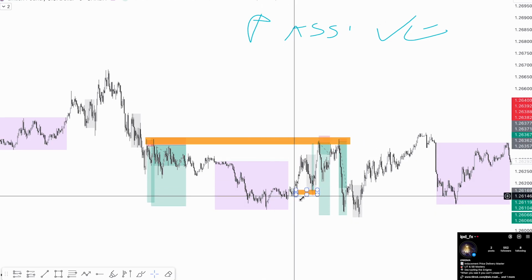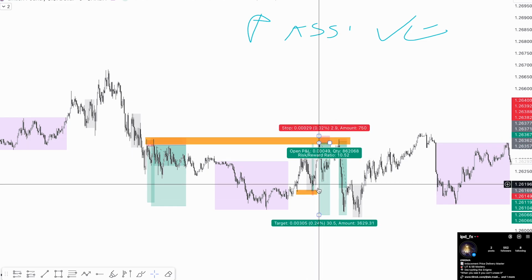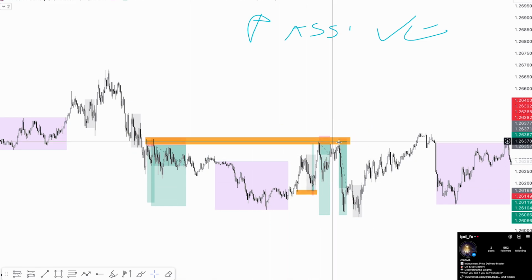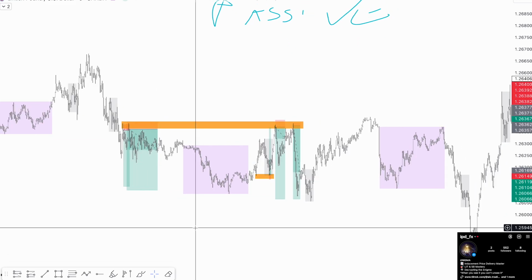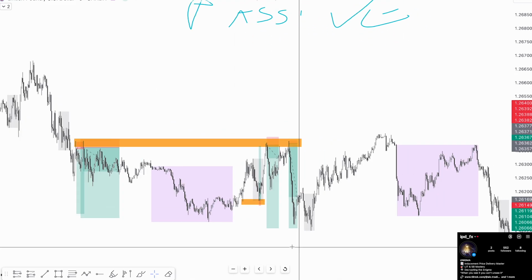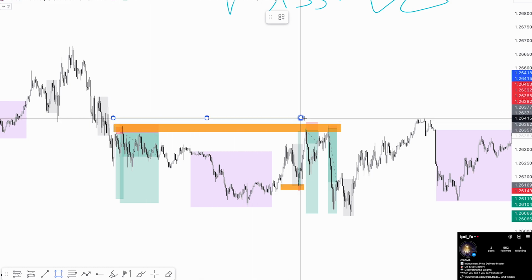So you have people entering long here, people entering short here, and the main liquidity is up here, but also here. What else can you have?